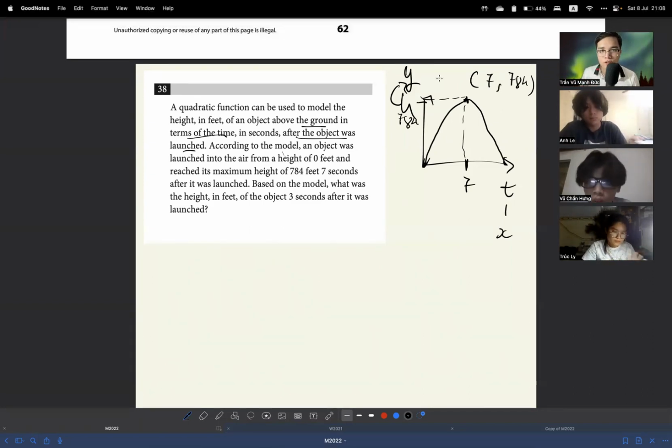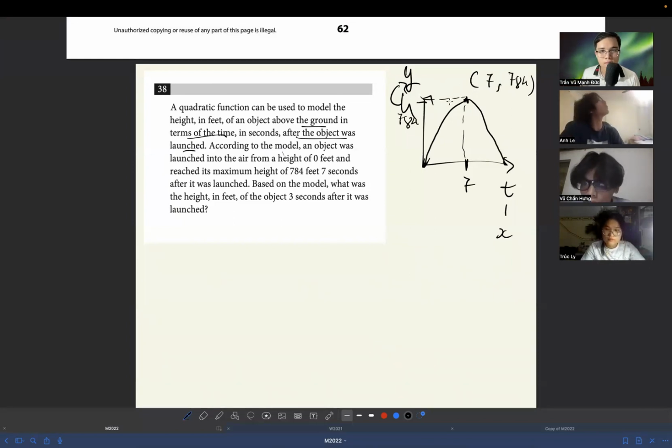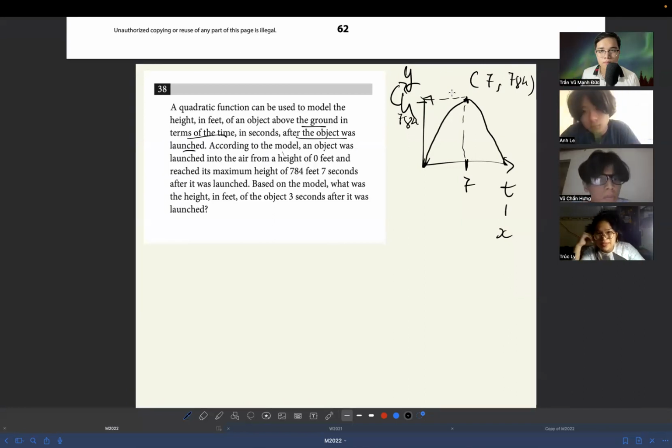A quadratic equation, and you have a vertex. Minus b over 2a equals the vertex. Can you speak again louder?